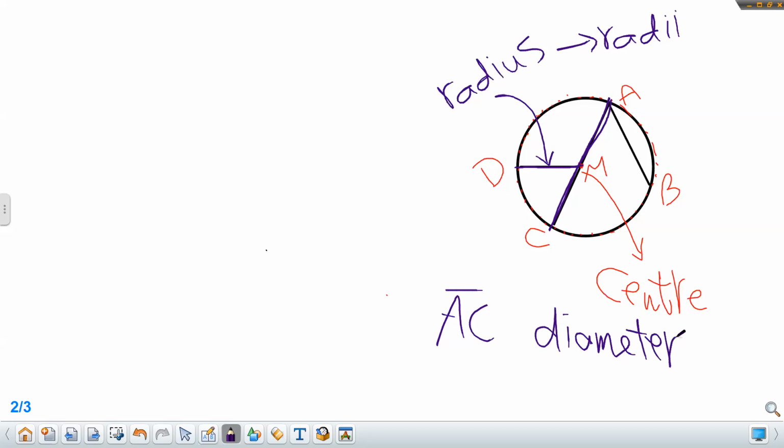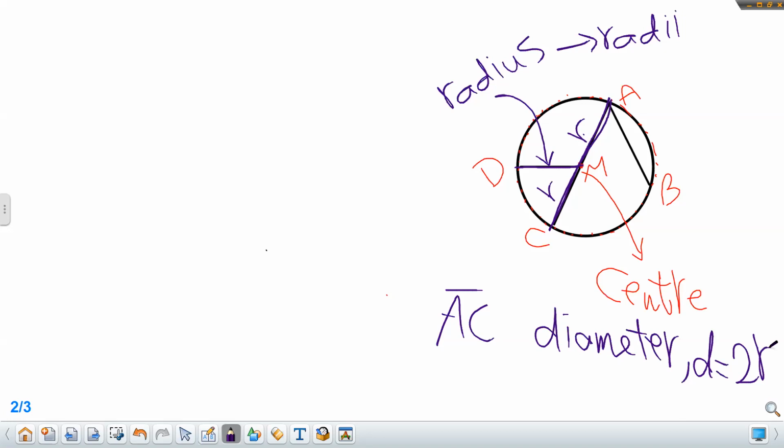So we can say AC is called the diameter. The diameter is a line segment joining 2 points on the circle and passing through the center of the circle. You notice that the diameter is twice the radius. MA is a radius, MC is a radius, so the diameter is double the radius. Okay, this is number three.